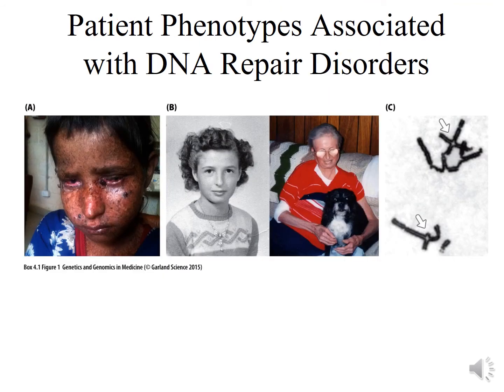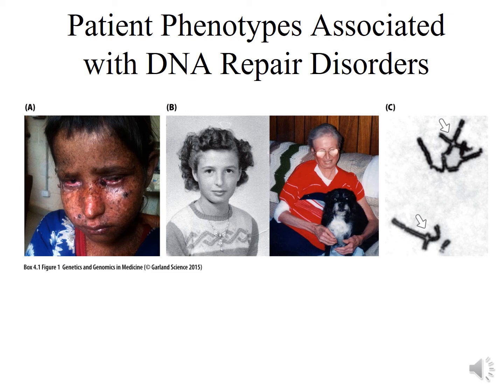This slide depicts some patient phenotypes associated with DNA repair disorders. In A is shown an individual with extensive skin cancers who is suffering from xeroderma pigmentosum, a disease which involves a defect in nucleotide excision repair.